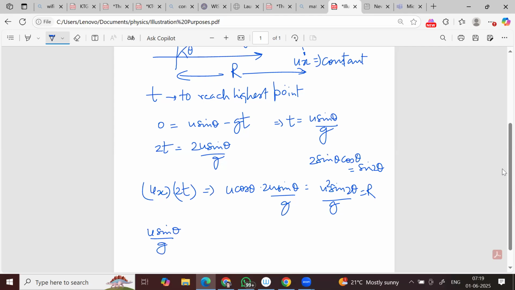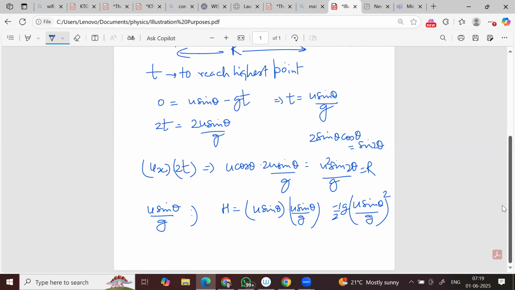So I can say that the maximum height achieved is u sine theta times t minus half g times t square. And remember the t here I'm using is half the time of flight, the time taken to reach the highest point. And this would be equal to u square sine square theta upon 2g. So these are the three formulas that we derive for projectile motion.